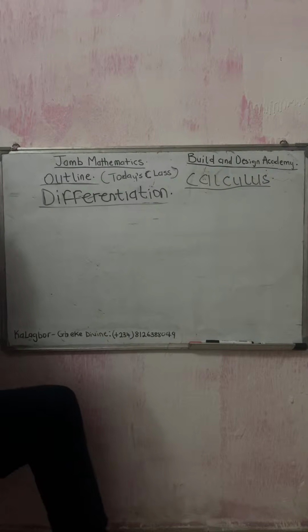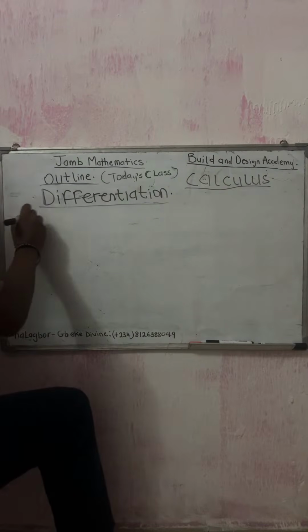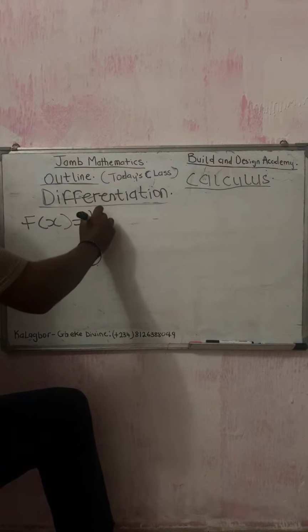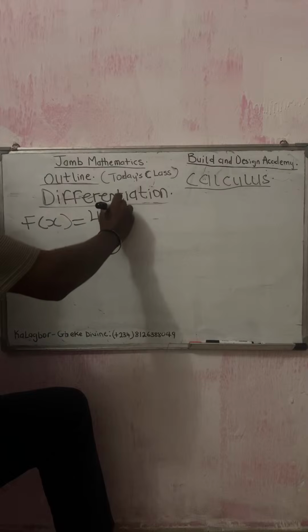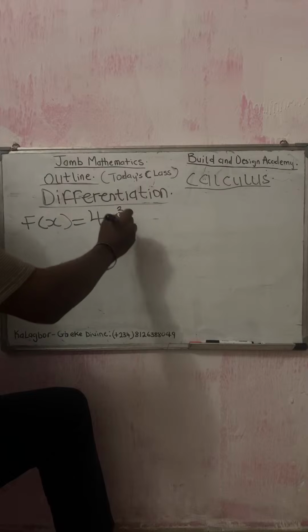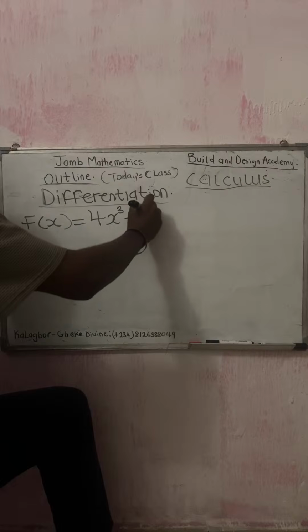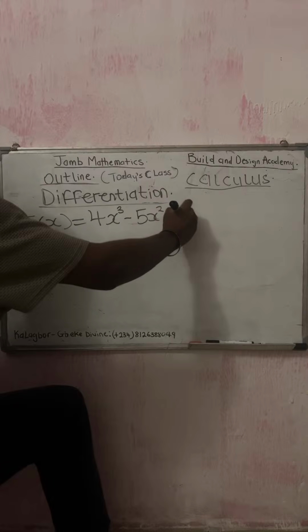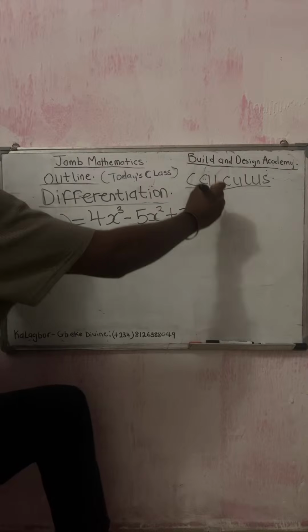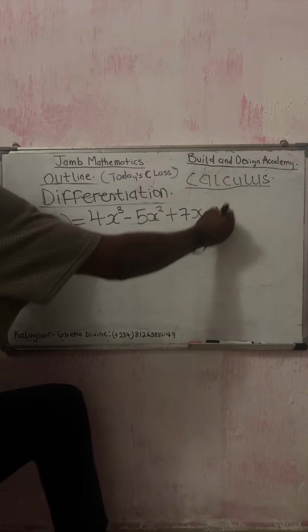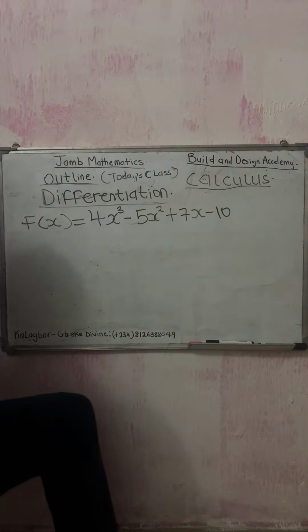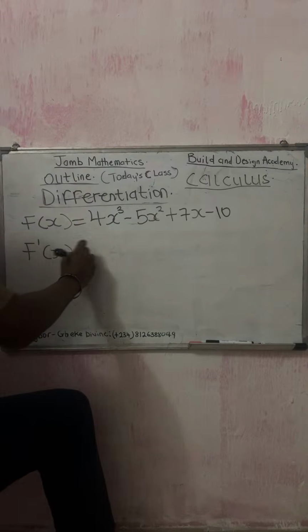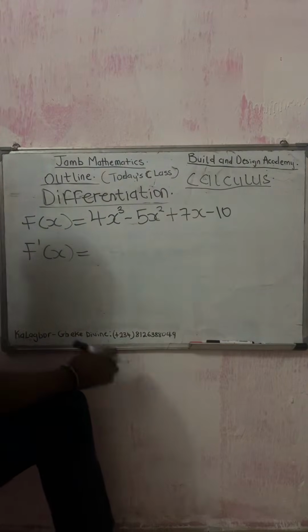Now, if we're given a function f of x equals 4x cubed minus 5x squared plus 7x minus 10, and we're asked to find the first derivative of this polynomial expression.